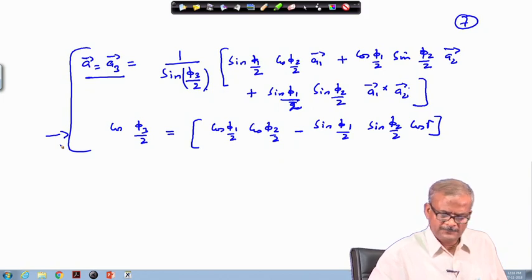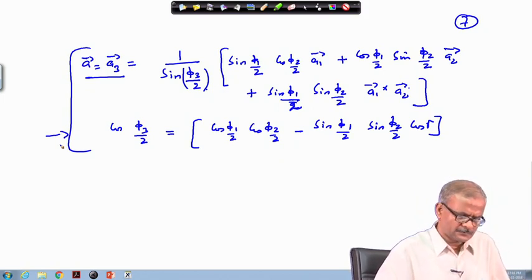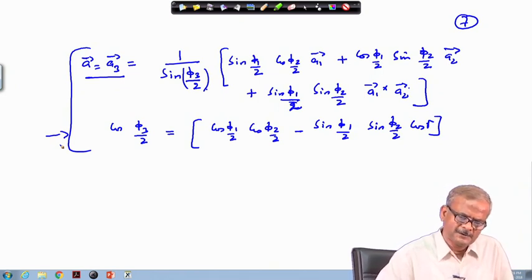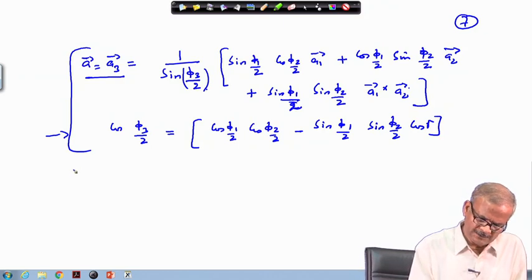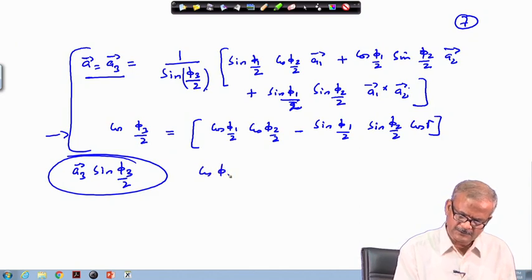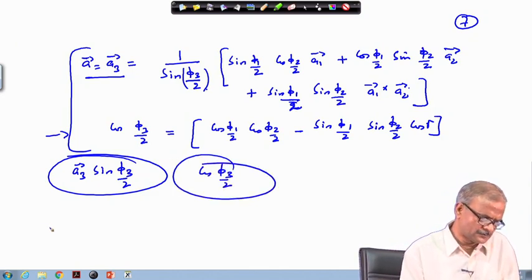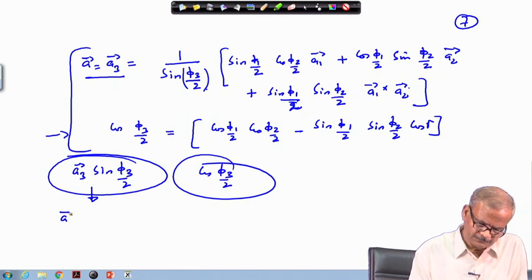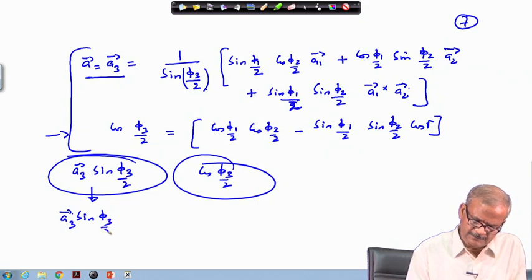Okay. So, once we know this, we can observe something very interesting from this place, that this suggests that A 3 sin phi 3 by 2 is of special importance, and similarly cos phi 3 by 2 is also of special importance, and this we can generalize as A tilde sin phi 3 divided by 2.